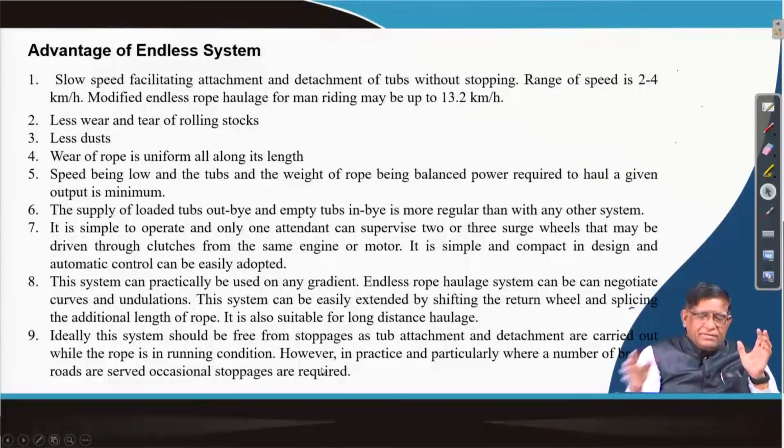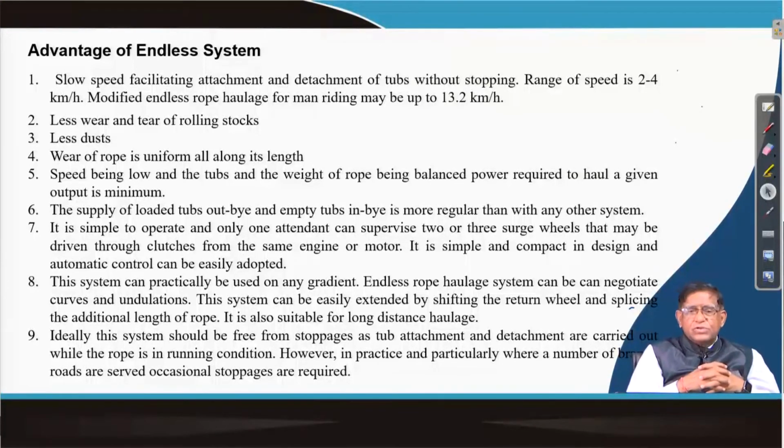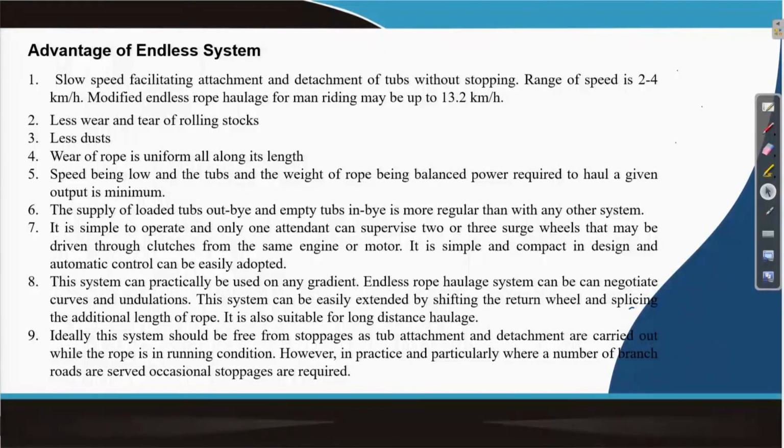So, endless rope haulage has the advantage that it has a slow speed facility. You can attach the tubs whenever needed, and the speed is normally 2 to 4 kilometer per hour. By changing the gears, you can run it up to 13.2 kilometer per hour when it is used for man riding purposes.